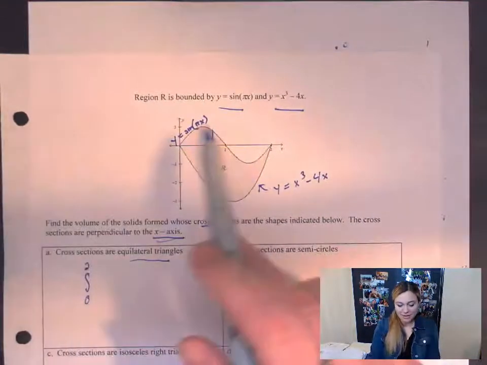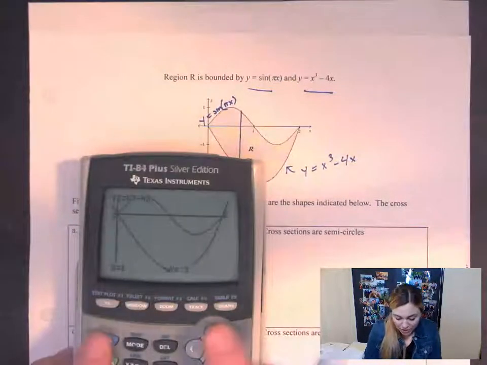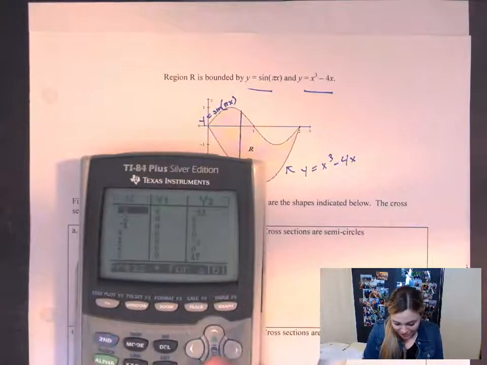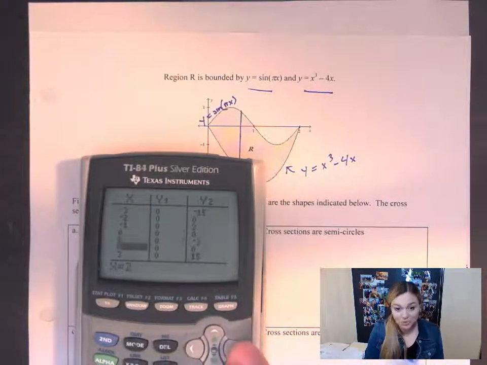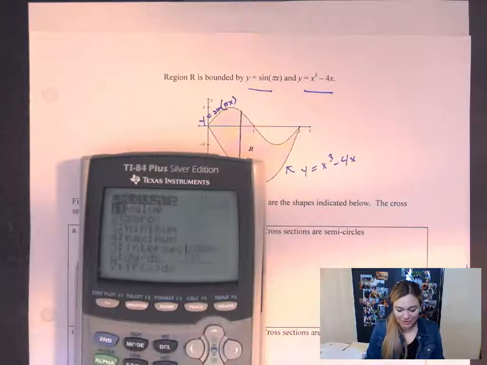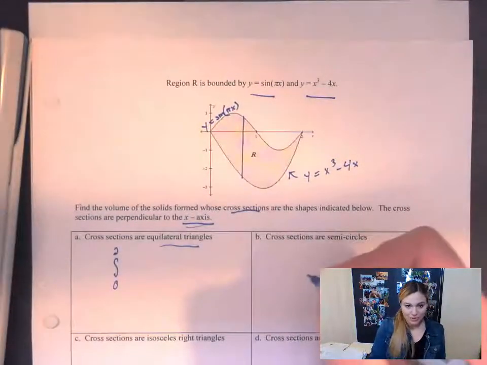Okay, so I've got my top function and the bottom function. I'm going from 0 to 2. Do you see how at 0, hey, look, they're the same? At 2, hey, look, they're the same. So I don't even have to do the intersection points. I know I'm good. All of these are going to be from 0 to 2.